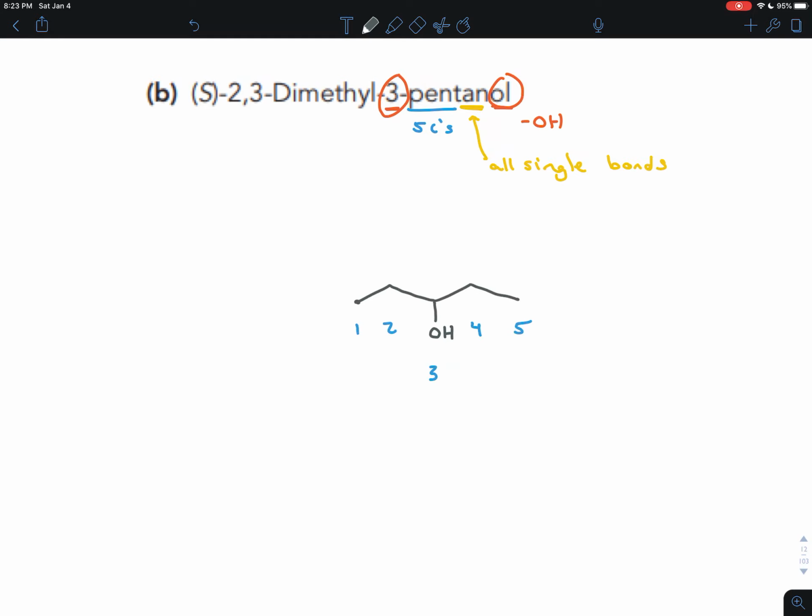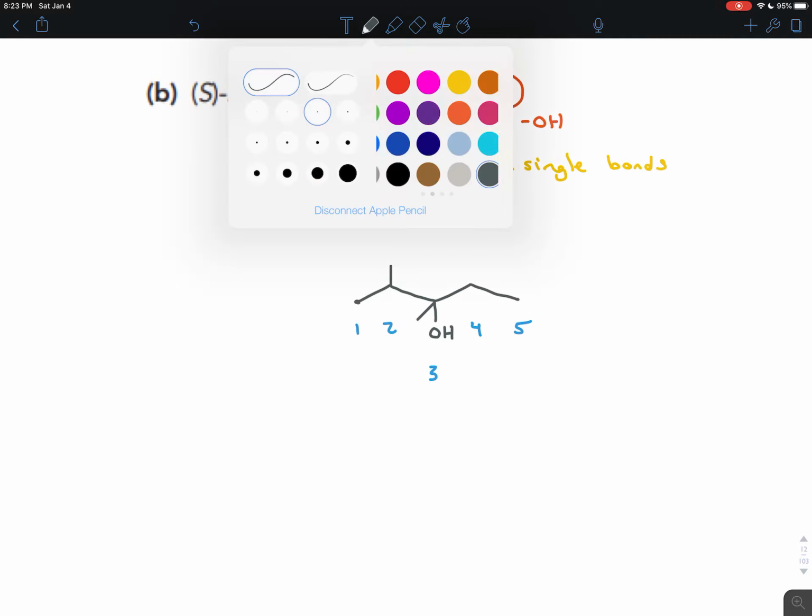Okay, we have 2 branches, one branch coming off of carbon number 2, and one branch coming off of carbon number 3. So another branch here. What are those branches? Well, they're the same type of branch.